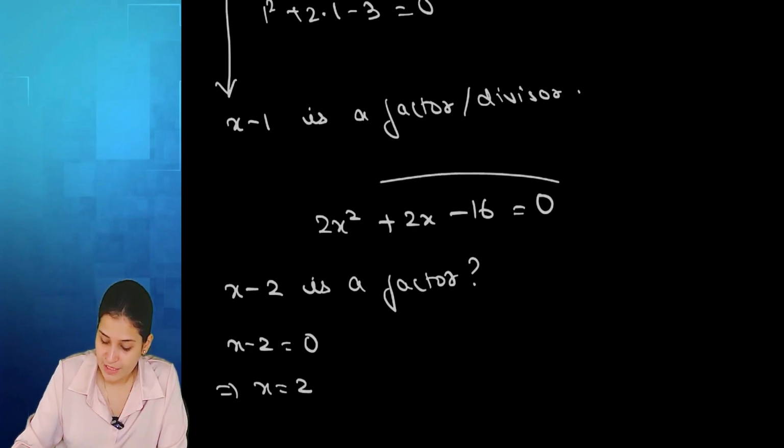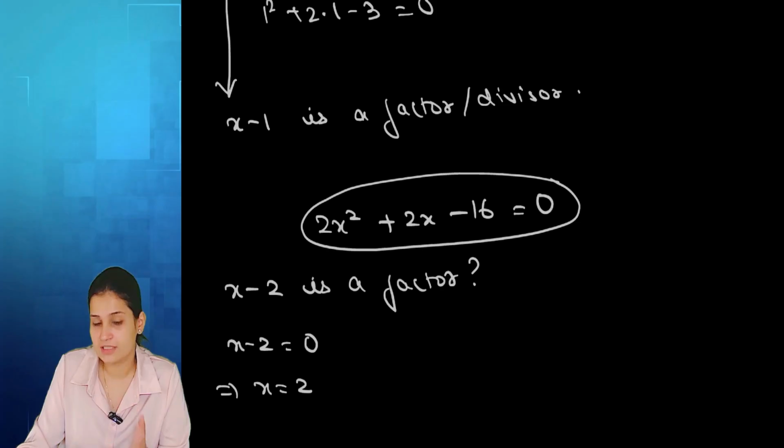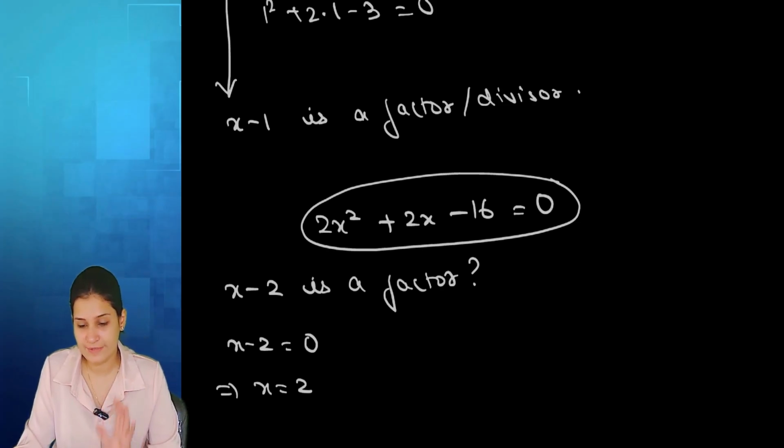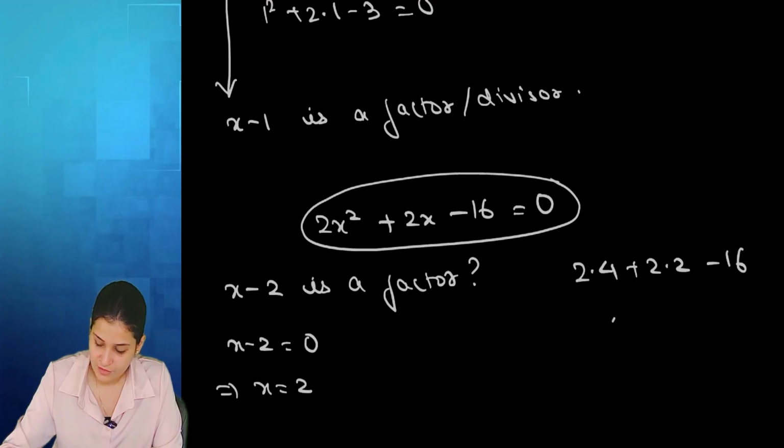If I put x equal to 2 and the answer is 0, then yes, it is a factor. Otherwise, no. So if I put x equal to 2 here, 2 into 4 plus 2 into 2 minus 16. 4 2s are 8 plus 4 minus 16, 12 minus 16, that is minus 4.